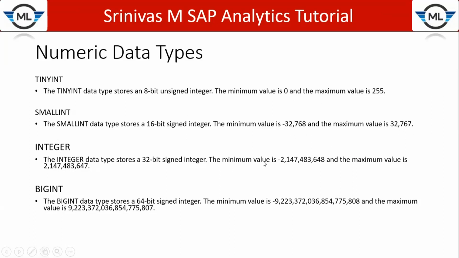Tiny int, small int, and integer, these three are purely whole numbers, not decimal numbers. If you have a requirement to store rounded figures, then you can go for tiny int, small int, and integer. And between these three, everyone generally uses integer.